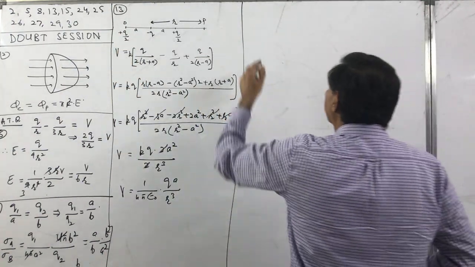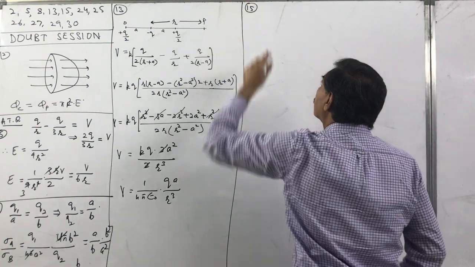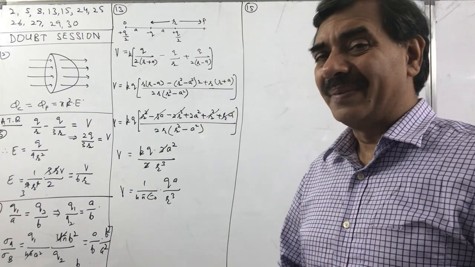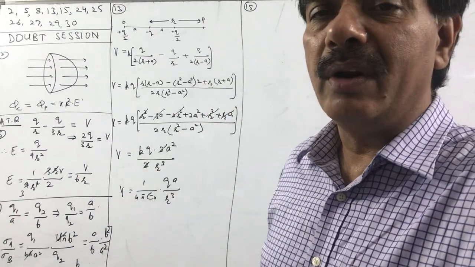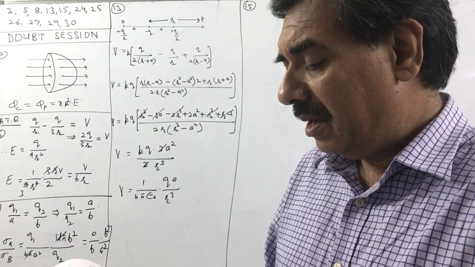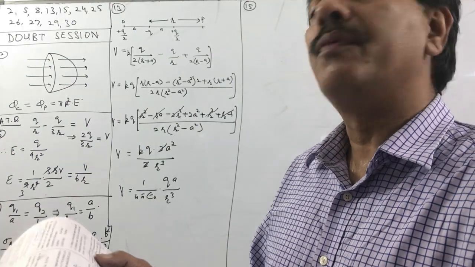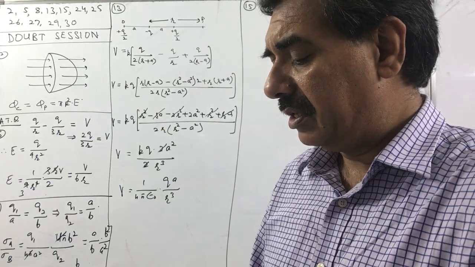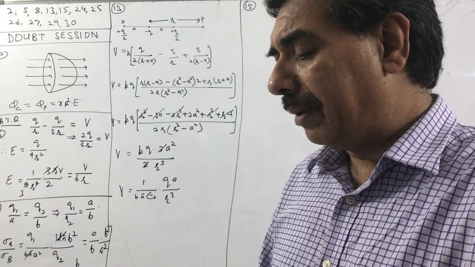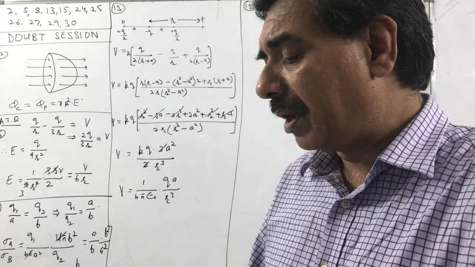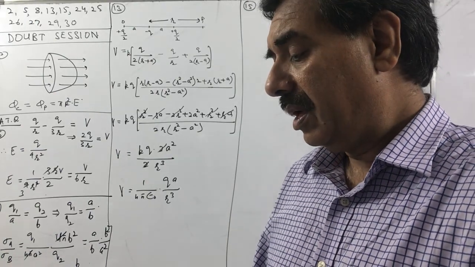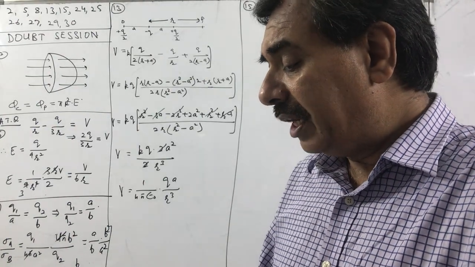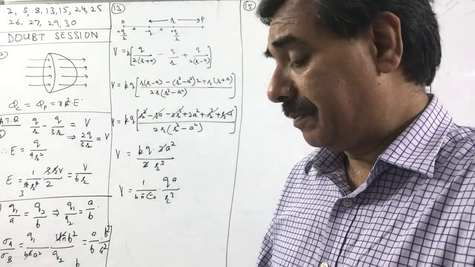Question number 15. This is very interesting. I'll read out the question to you in a very careful manner. A non-conducting ring of radius 0.5 meters carries a total charge of 1.11 into 10 raised to the power minus 10 coulombs, distributed non-uniformly on its circumference, producing an electric field E everywhere in space.